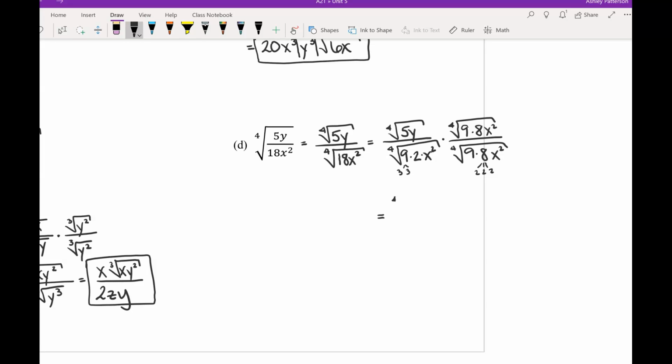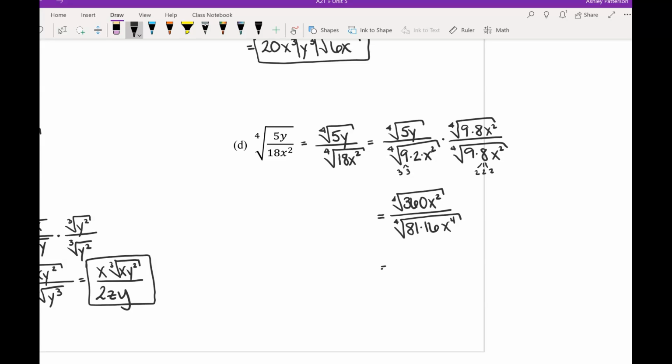Okay, so in the numerator, we will have the fourth root of, well, 9 times 8 is 72, and then 72 times 5 is 360, x squared, all over the fourth root of, well, 9 times 9 is 81, times 16 times x to the fourth.